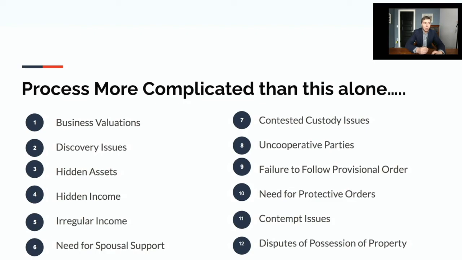Sometimes there's issues with safety and you need to get protective orders, or there could be issues with somebody removing property or selling property before the divorce is final, so you need to get immediate court orders to prevent that. Custody can also be challenging, or there can be uncooperative parties. Sometimes you may need to get the court involved to actually get information from the other party. Also, there can be hidden assets, hidden income. The list goes on and on.